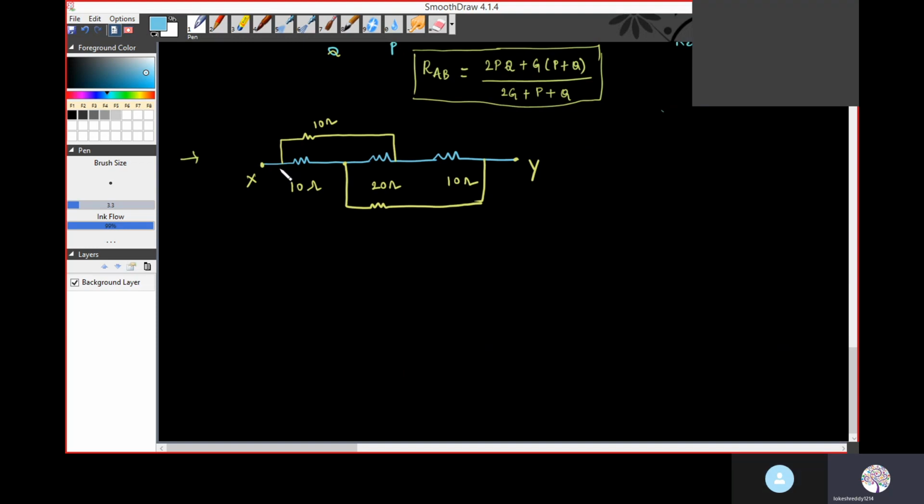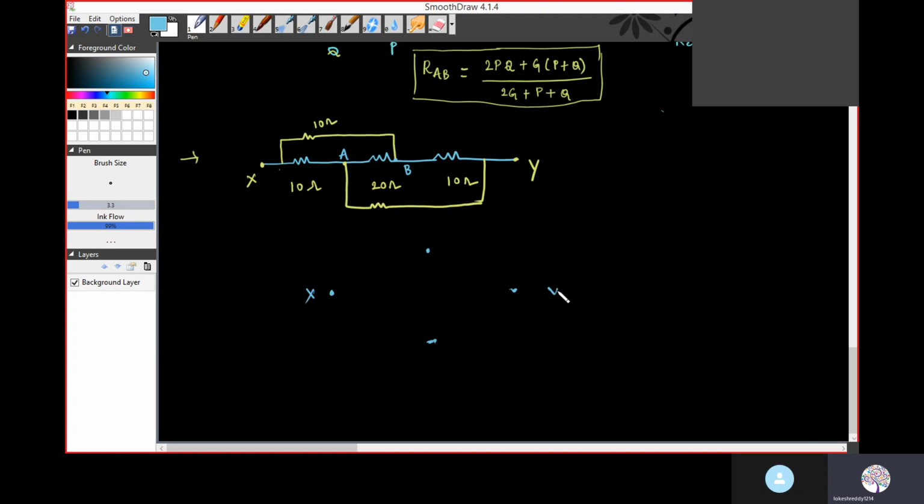Now here, this point is connected to here, so this is also X. Let us take this as A, and here this point as B. So I will draw this.